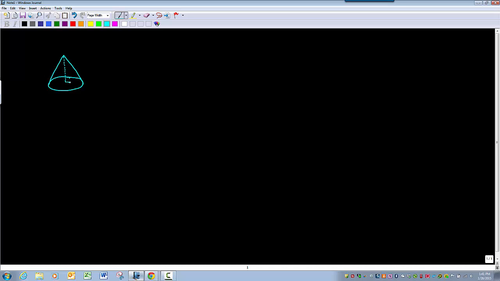There's the height of the cone. Here's the radius value. It's an altitude, right? We'll call this H, this R, and this L for the slant height. This is the length coming down, like if you were to sit on top of the cone and slide down. That's that length right there.